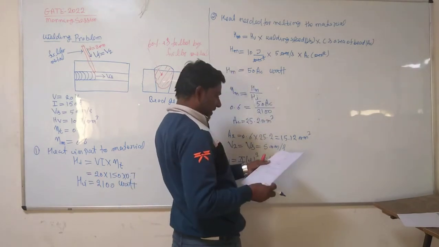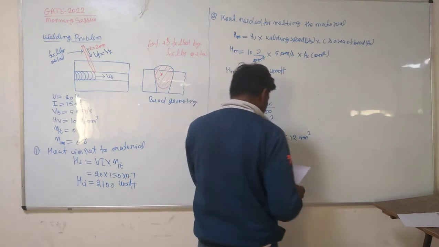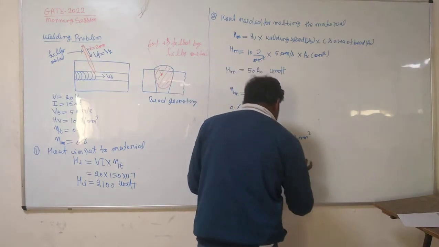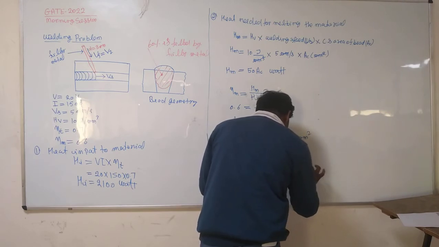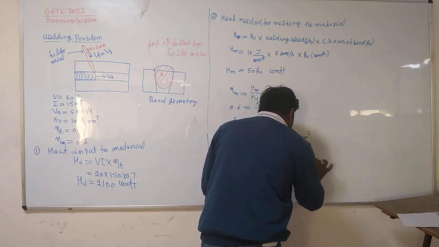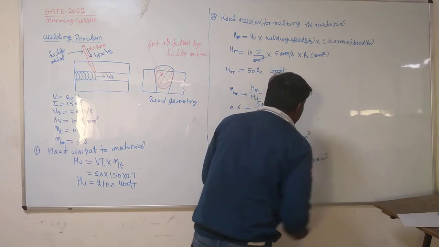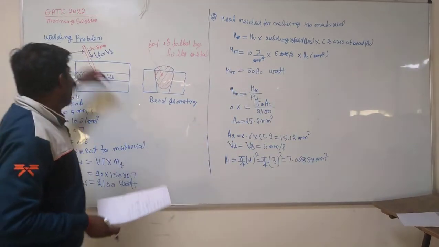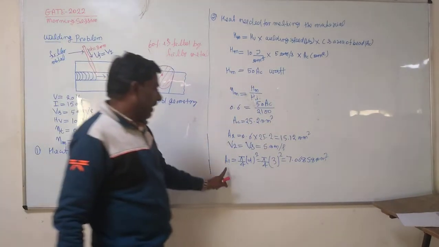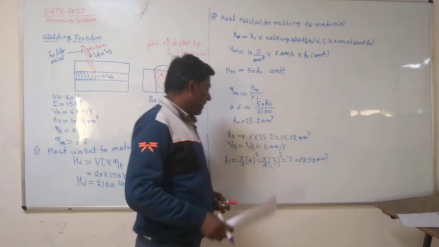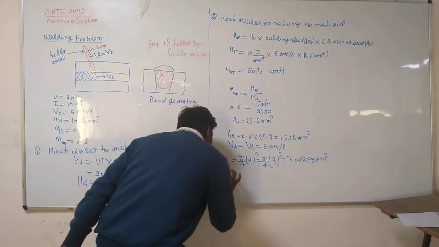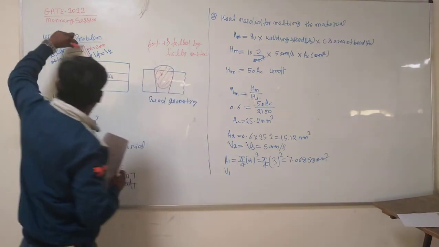So I am getting 7.0685 mm square. So the cross-sectional area of this filler material is A1, 7.0685 mm square. And what will be V1? V1 will be the speed of this feed rod.